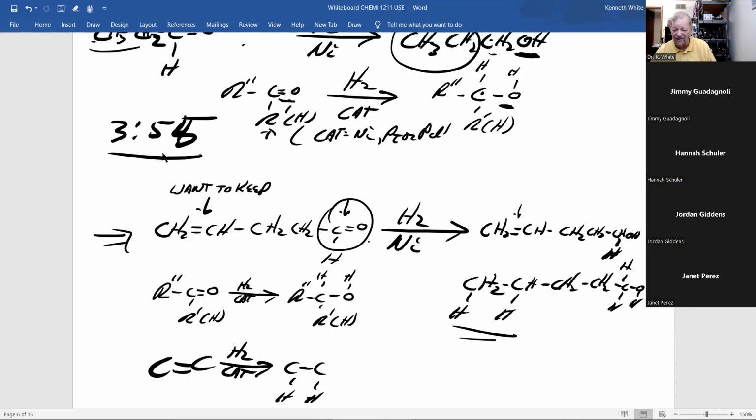And this, I don't want to lose the double bond. There's a third one where just the double bond is hydrogenated and the aldehyde is not. So you get a real bad mess.